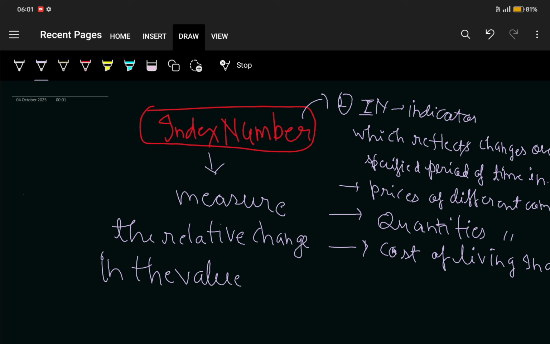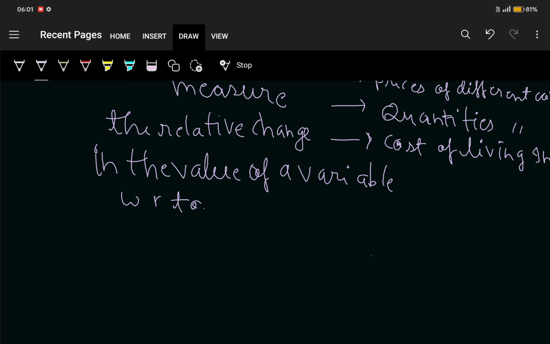So it is not a constant, it is a variable. The value of a variable with respect to time.